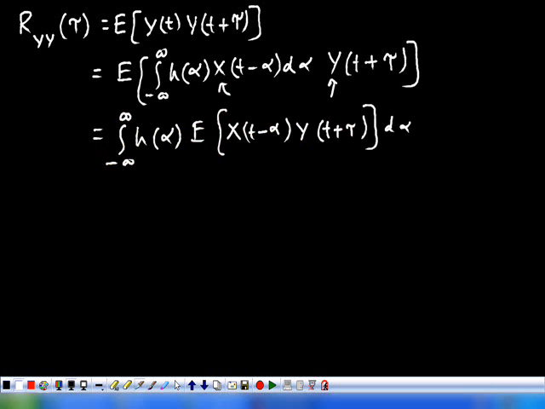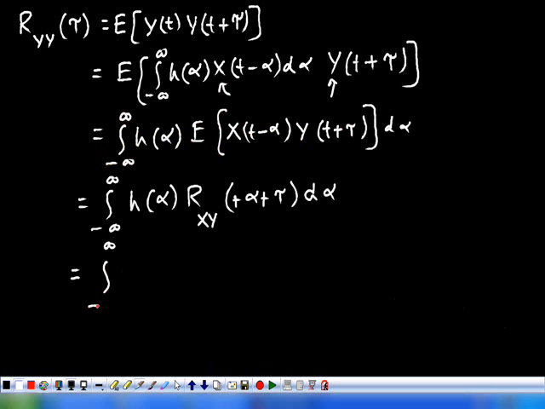Then this will become h of minus alpha, this is Rxy of tau minus alpha d alpha. Is it right?